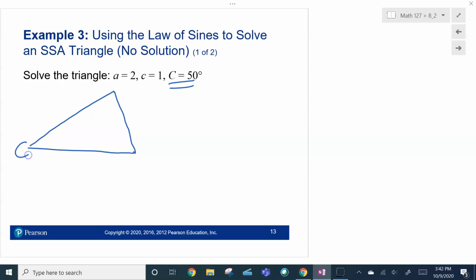So this is the given angle they give us, and then again, usually this is angle A in the diagram, and then I'm going to call this a because they give us side length a. This is usually b in the diagram. Okay.